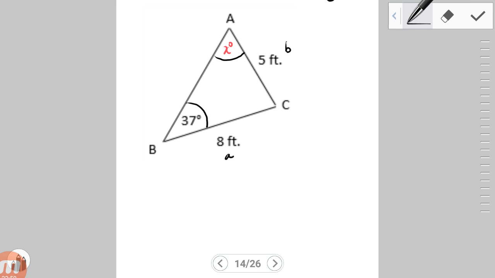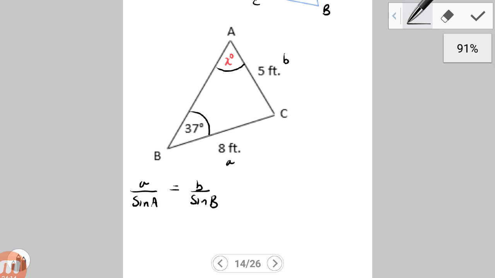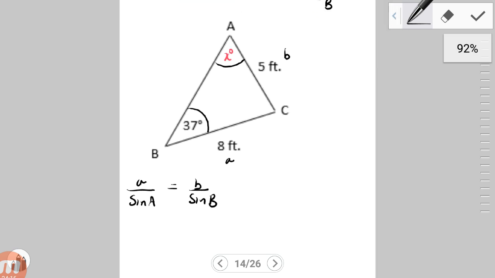So here we go: a divided by the sine of angle A, equals b divided by the sine of angle B. What we're looking for here is that a is 8 feet. We don't need to put the unit of measurement until we get our answer. That is divided by the sine of the angle facing it, the angle marked by x degrees, and that's equal to b, which we have assigned to be 5 feet, divided by the sine of the angle facing the 5 feet, which should have been 37 degrees.